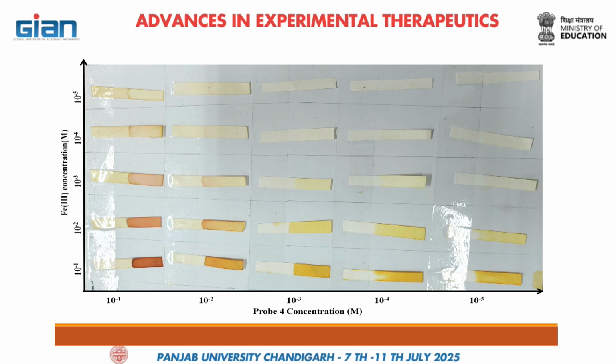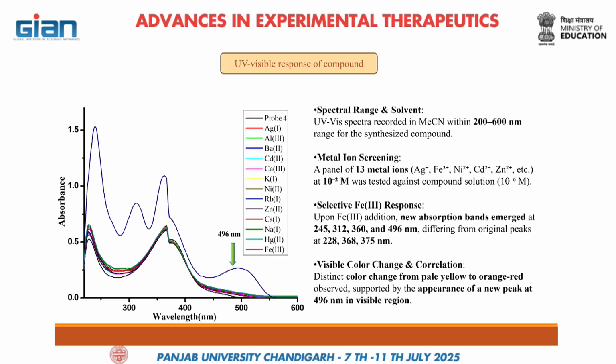As we can see in the figure, at 10 to the power minus 1 molar concentration of our probe, there was a change in color of the strip up to 10 to the power minus 3 molar concentration of iron. That shows that the threshold concentration was 10 to the power minus 3 for iron.